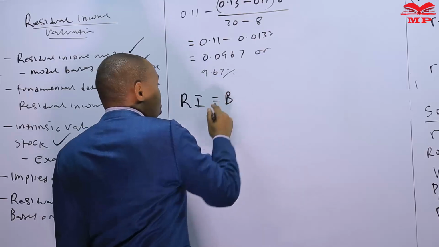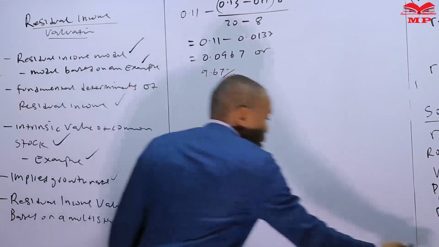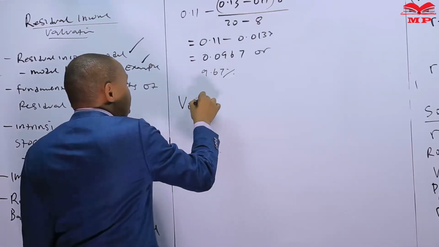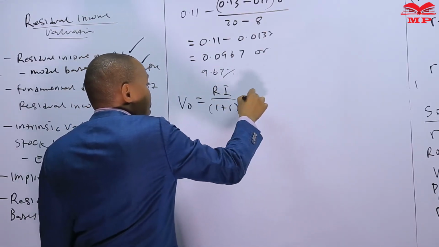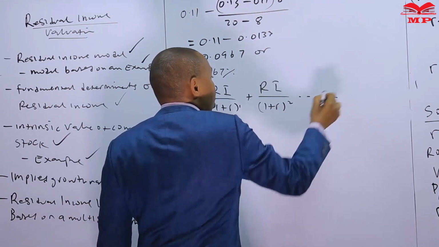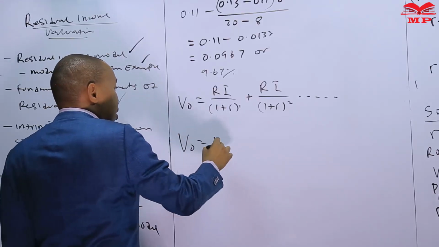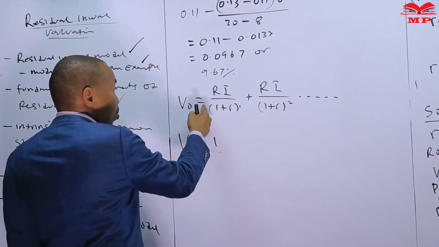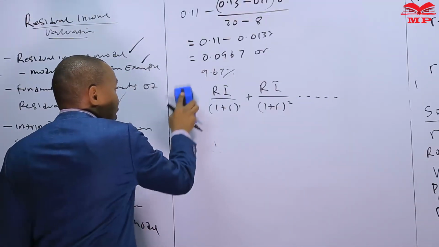So you have the value. Sorry. There should be B0, the beginning book value. Apologies, we need to have the beginning book value right there.